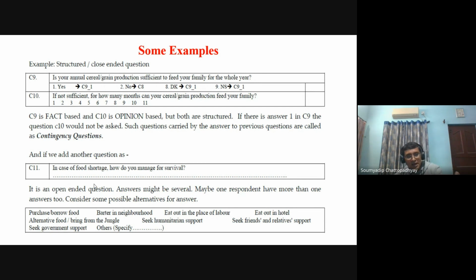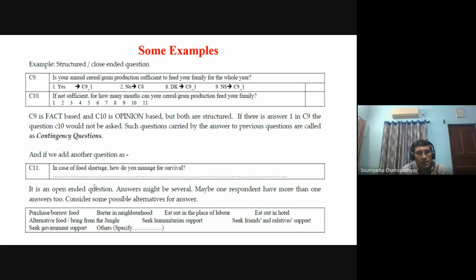Depending on this particular study, these are some of the hypothetical answers which the respondents gave. That means the respondents manage by purchasing or borrowing food, they manage by barter in the neighborhood, they may manage by eating out in the place of labor, they may manage by eating out in the hotels, and so on and so forth.